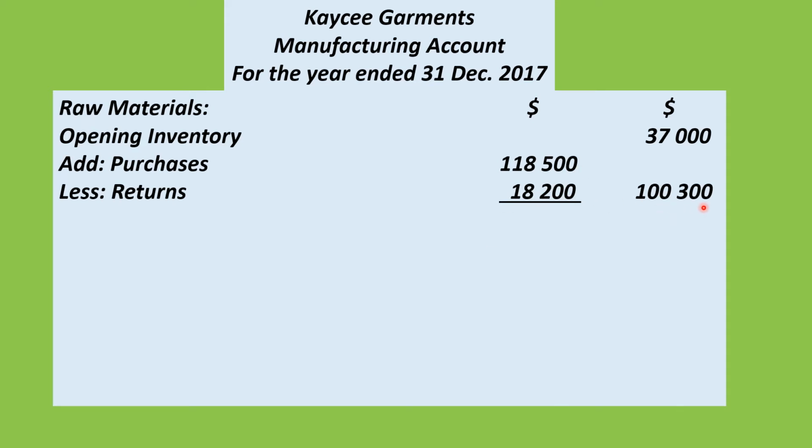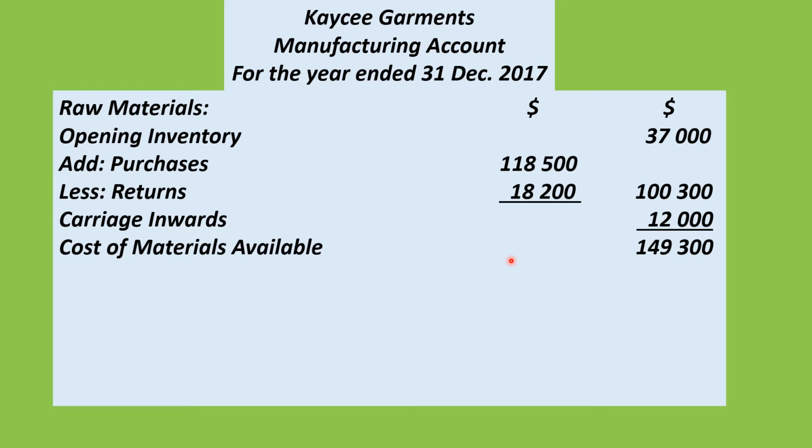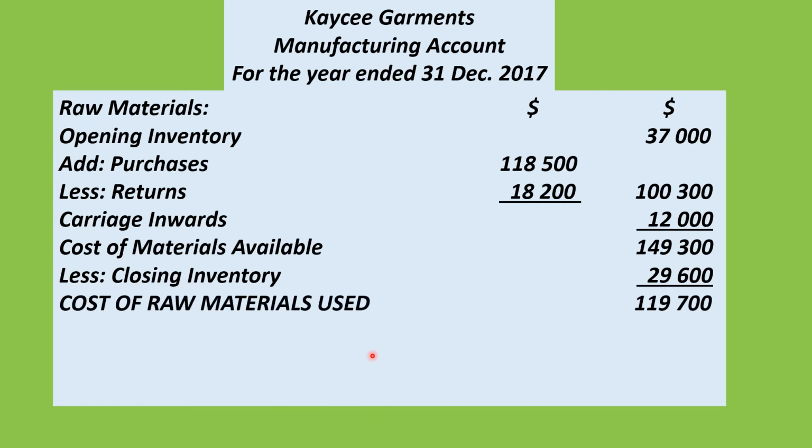We get 100,300, and then we'll add on the cost of transportation to bring those purchases to our premises, 12,000, and the cost of the materials that are available to the factory would be 149,300. We minus the closing inventory and we will get the cost of raw materials used or consumed.